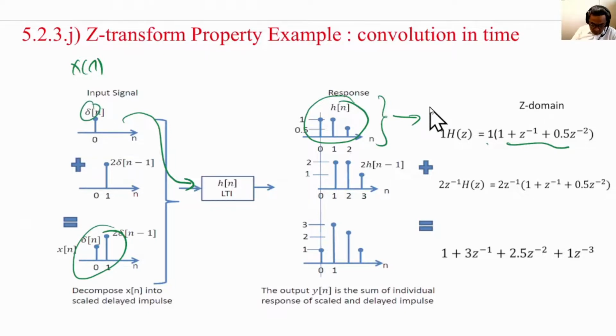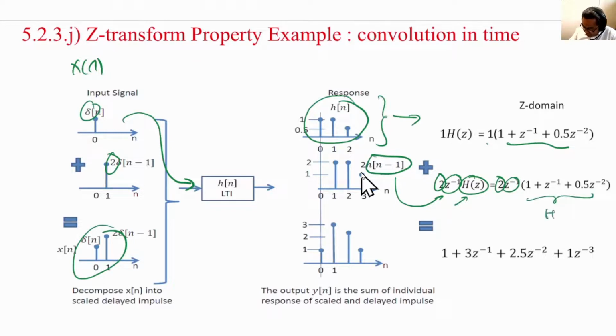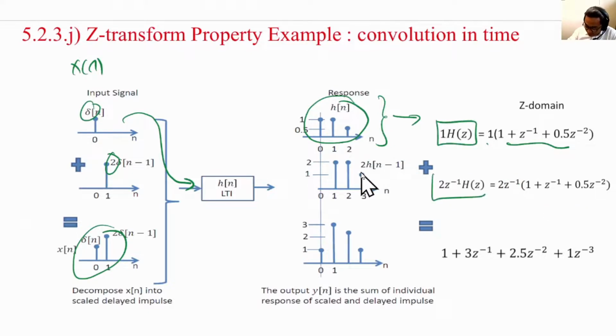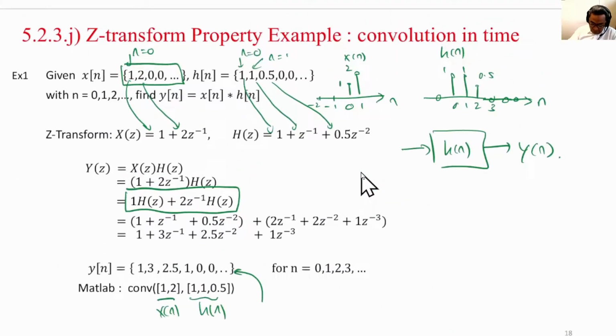The other input is 2, so we multiply 2 by h[n minus 1]. h[n minus 1] becomes z^-1, and h[n] becomes H(z). So 2 is the constant of the input, the z^-1 is the input being delayed by 1 sample, and this is H(z). Now, you realize that this expression, 1 times H(z) plus 2z^-1 H(z), you have seen it here.